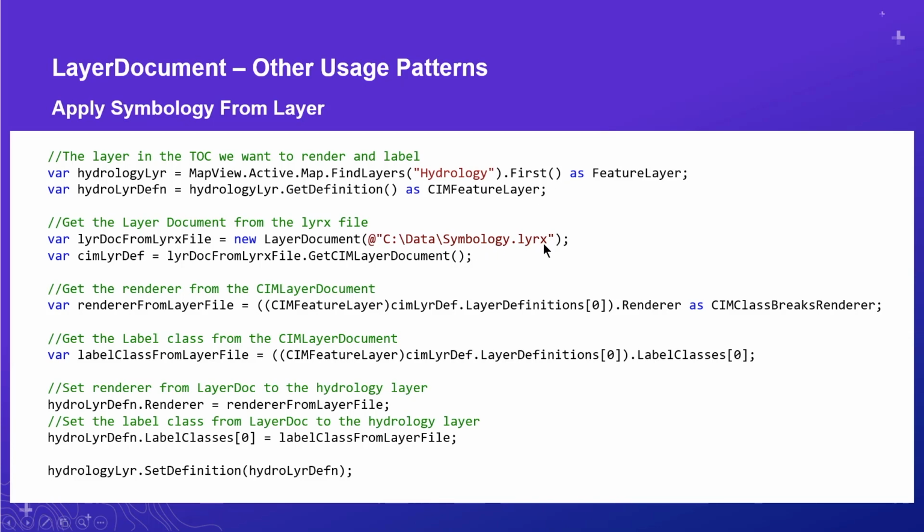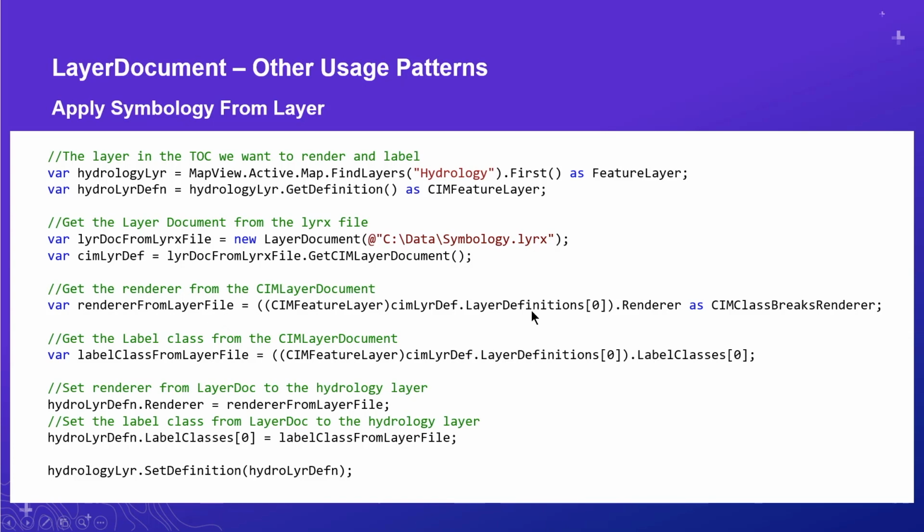This is the layerx file that I have on disk that has the symbology that I want to use. I'm retrieving the CIM layer document using the get CIM layer document method. And then from the layer definitions of the CIM document, I retrieve the renderer and the label class file. So I store the renderer in this property, renderer from layer file.